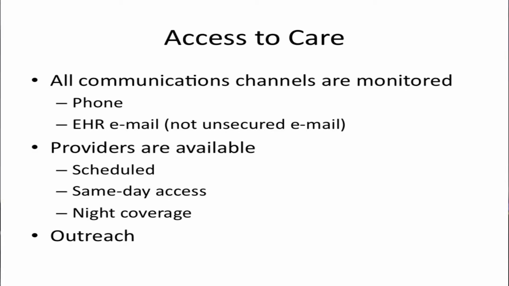So access to care, not just walking into the clinic, phone, email, not unsecured email. We really discourage that. But this is through our electronic record system. We have same-day access. We have night coverage. And we have scheduled patients as well. We haven't gone to completely open access. And then outreach. Outreach is actually critical. We started looking at our patients who were out of control.